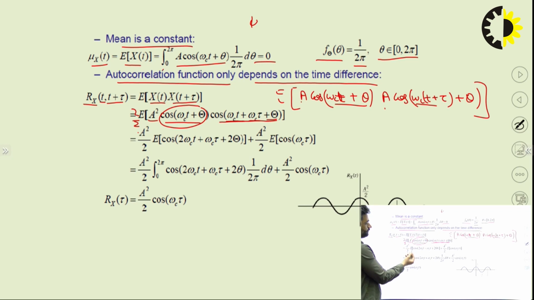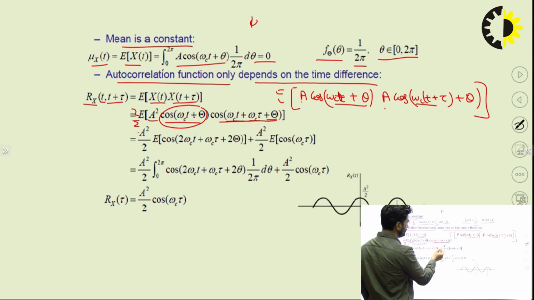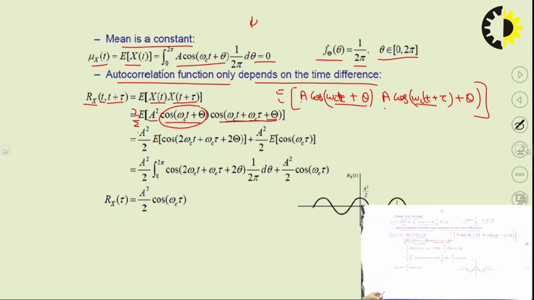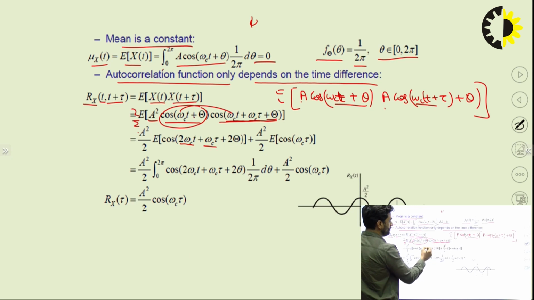Now A will come out from this ensemble function, because A is a constant quantity and theta is the variable, so it's not coming out from this ensemble function. Now here you can see, when we are adding A and B, that will give you 2ωct plus ωcτ plus 2θ, right?